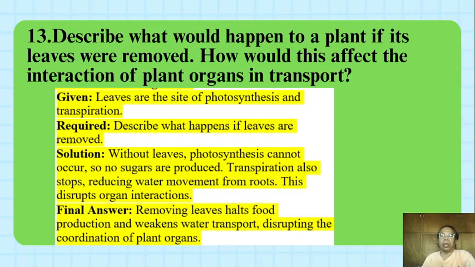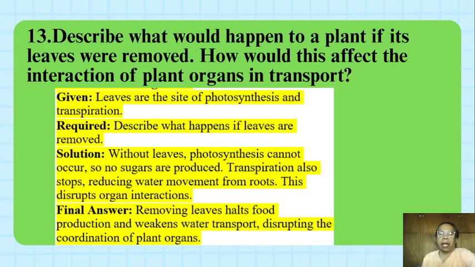So solution: without leaves, photosynthesis cannot occur. So no sugars are produced. Transpiration also stops, reducing water movement from the roots.